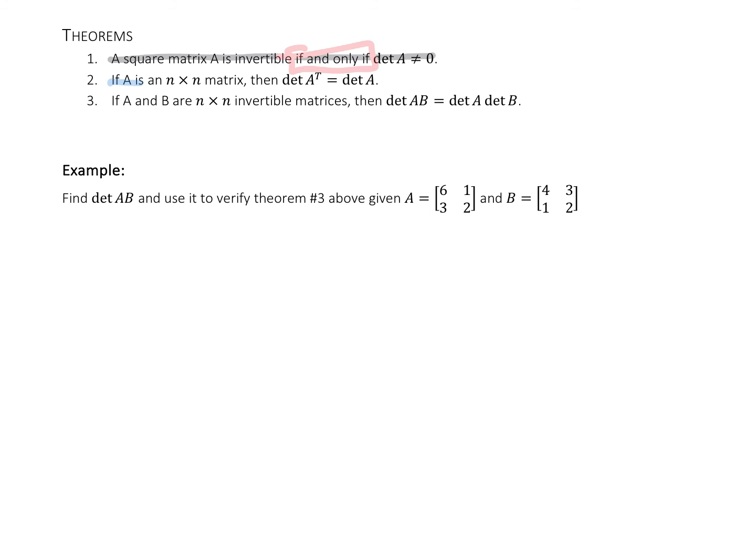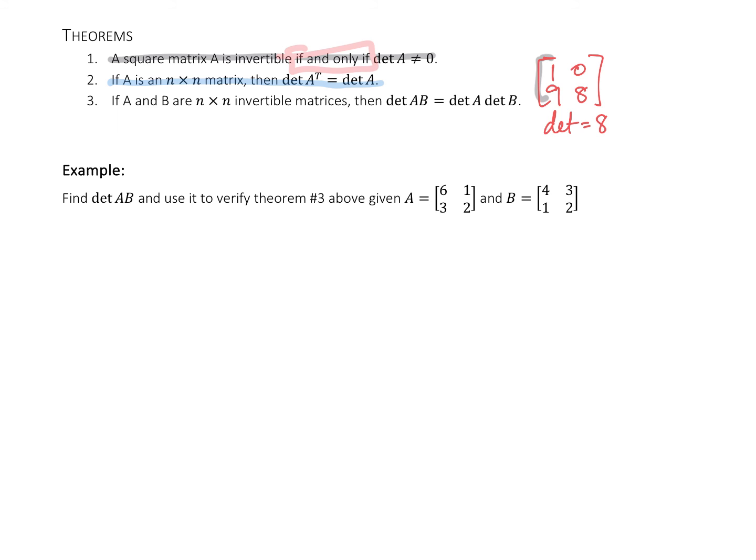This one says if A is an M by M matrix, then the determinant of A transpose is equal to the determinant of A. Real quick, you ready? If A is, I don't know, 1, 0, 9, 8, it's a triangular matrix, so my determinant here is 8.